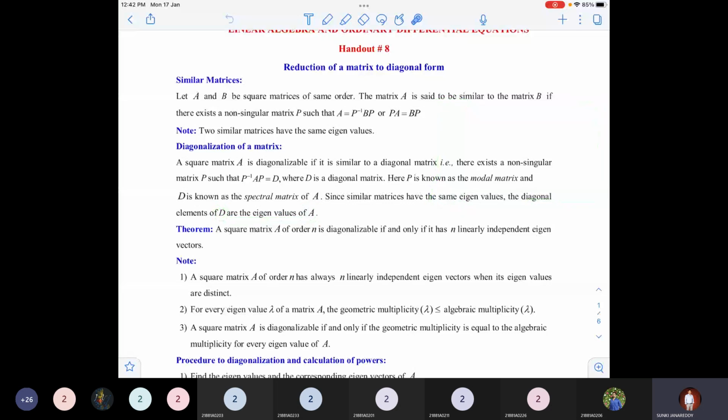Generally you should remember what the modal matrix P is; we can discuss that now. Here is a theorem; you should remember the theorem statement.